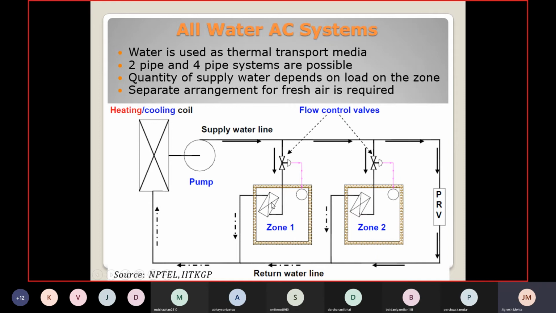There will be a fan coil unit, which will be shown in the next slide, and the amount of water may be increased or decreased according to the heat load on that zone. And this is the return air pipe, and then it goes back into the cooling coil. So this is a two pipe system, one supply pipe of water, another return water line. Okay, and this will be distributed into multiple zones. And this is a pressure relief valve.